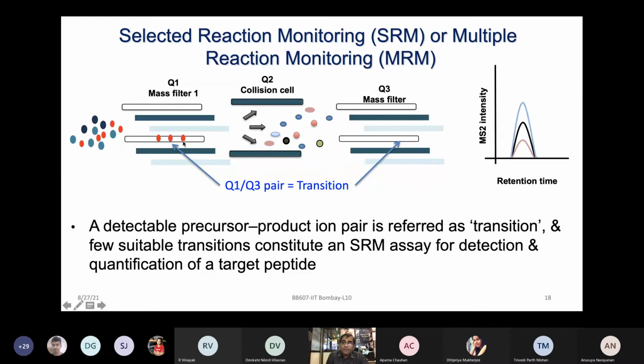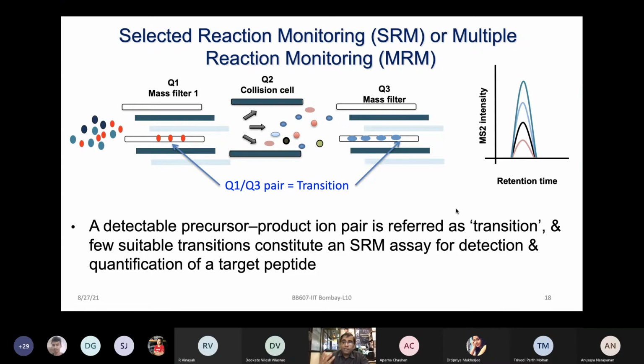So for a given peptide, we need to generate at least 3 transitions. It means we are looking at multiple product ions generated from the same precursor, and what their intensities are, and you refer to them as transitions. For doing a good SRM assay, if you are validating a protein of interest, you should choose at least 3 peptides.